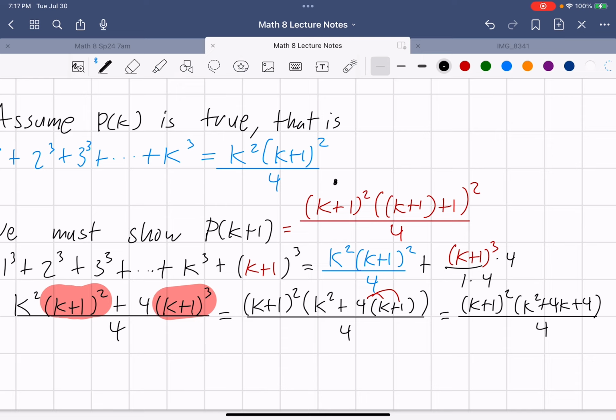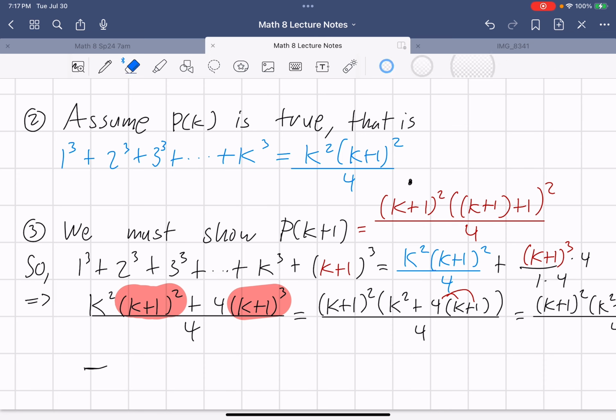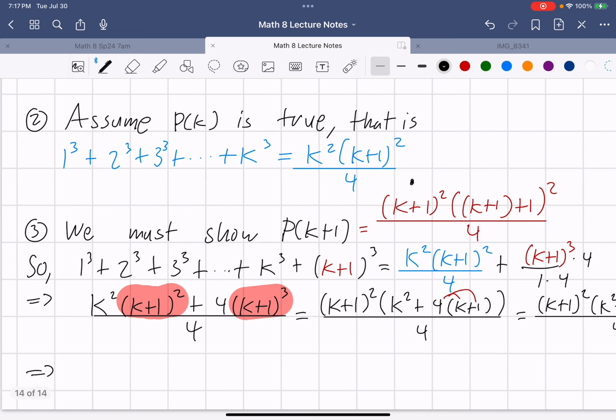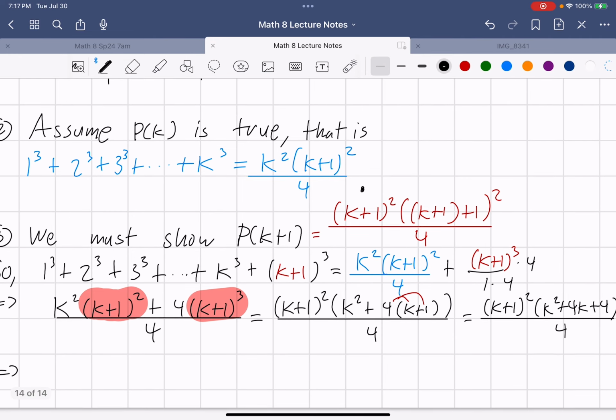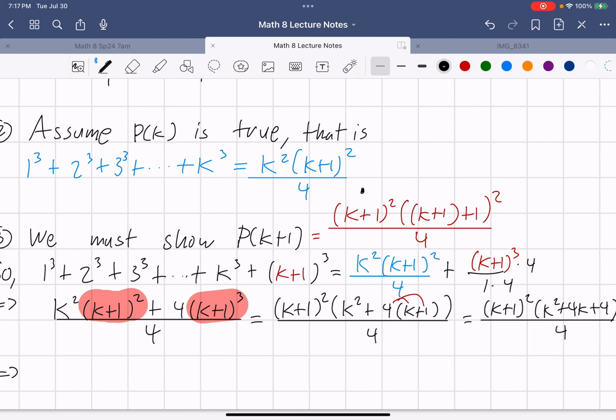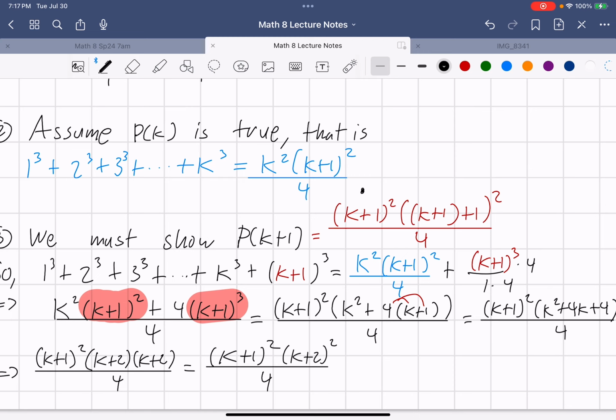Now that that's a quadratic, just like our previous examples, we can choose to factor that k squared plus 4k plus 4, which actually factors into k plus 2 times k plus 2 all over 4. And since those are identical factors, that becomes k squared times k plus 2 squared all over 4.